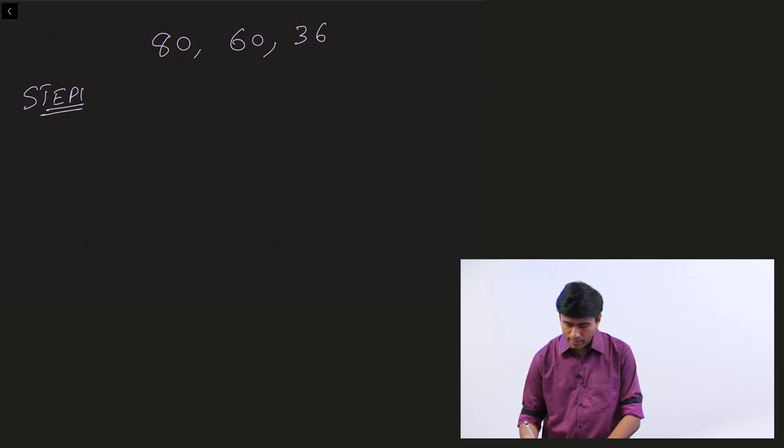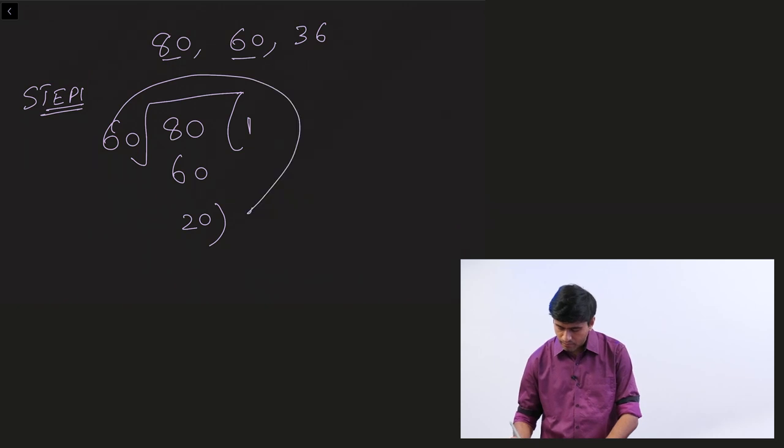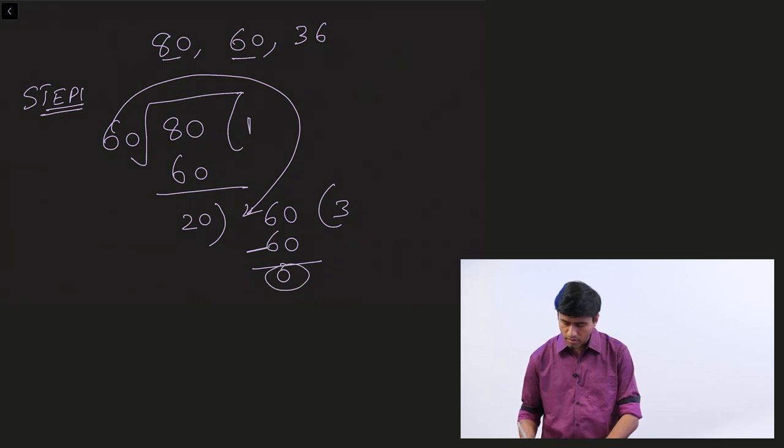So we divide these two numbers, 80 divided by 60. 1 times 60 is 60. If you remove that, 20. Remember, we bring 60 all the way here, and the remainder becomes the divisor. 20 goes 3 times into 60. That's it. This is your first step.